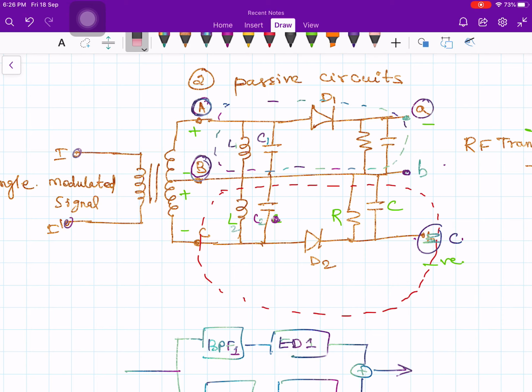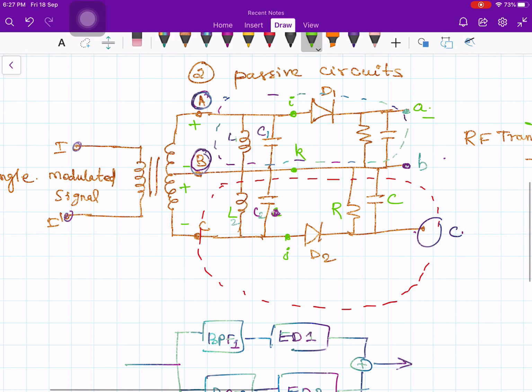This is A. Now let me denote this point as I, this one is K, and this point is J, just for giving the explanation. So at these points, between I and K and between K and J, you have two amplitude modulated signals, right? Recall from the previous lecture, after the band pass filtering you have the modulated signal.